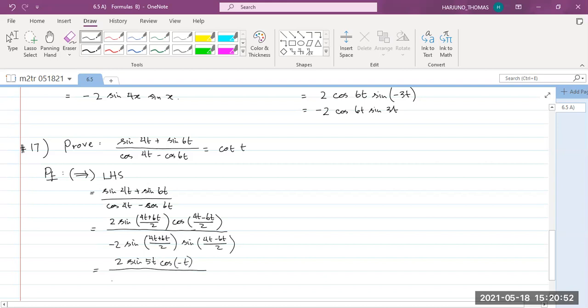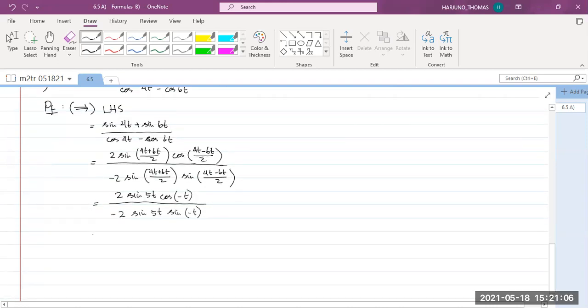At the bottom I have negative 2 sine 5t sine negative t. I can cancel the 2 and the sine 5t, so I have cosine negative t over negative sine negative t.